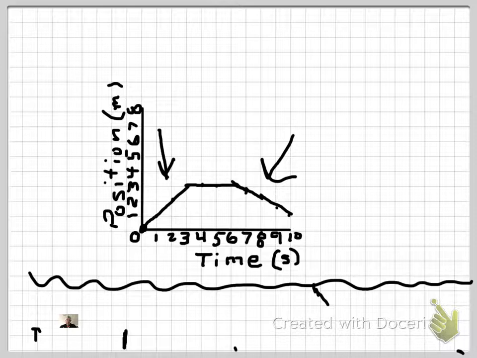Now, if you remember that the slope is rise over run, or the y-axis divided by the x-axis, you can see that for this, the slope would be meters divided by seconds. Well, that happens to be our units for speed or velocity.